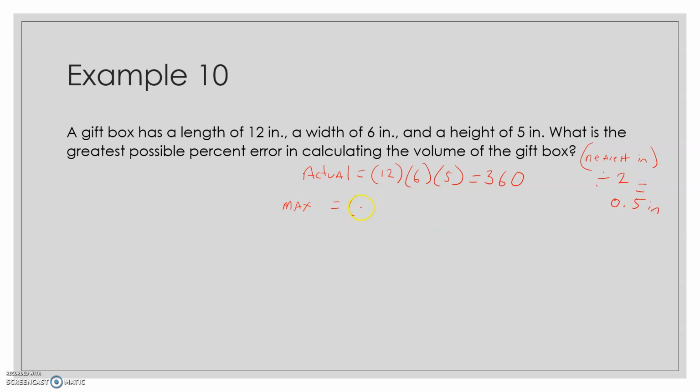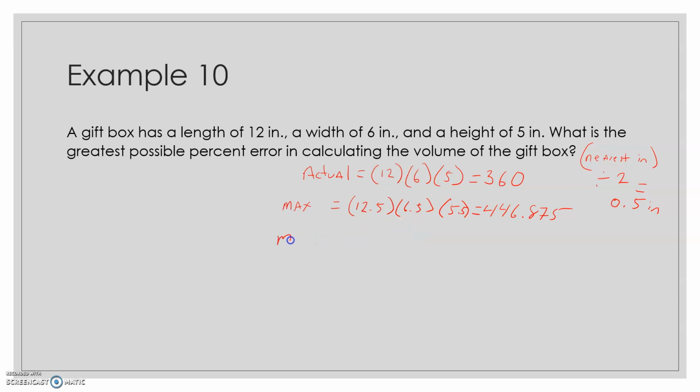And so if we change each of these dimensions by half an inch greater, we'd get 12.5 by 6.5 by 5.5. Put that in there, 5.5. All right. And when we multiply those, we would see that volume is about 446.875.